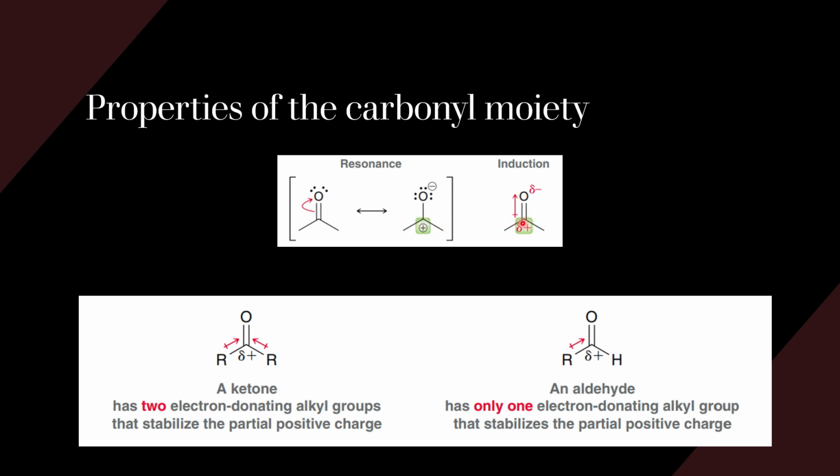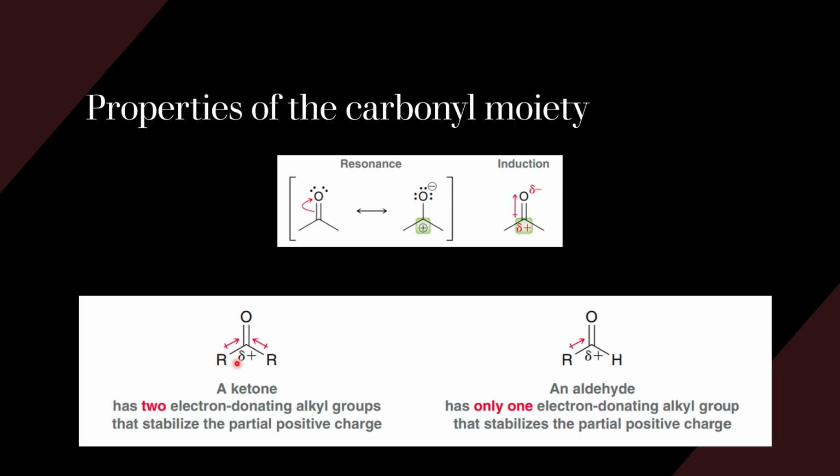It can be attacked at this position, okay, these are the same thing. Whereas up here at the very electron-rich region, it is very likely to attack something. So the positive part, this partial positive character, is likely to be attacked, and this oxygen is likely to use one of its lone pairs to attack something, okay?